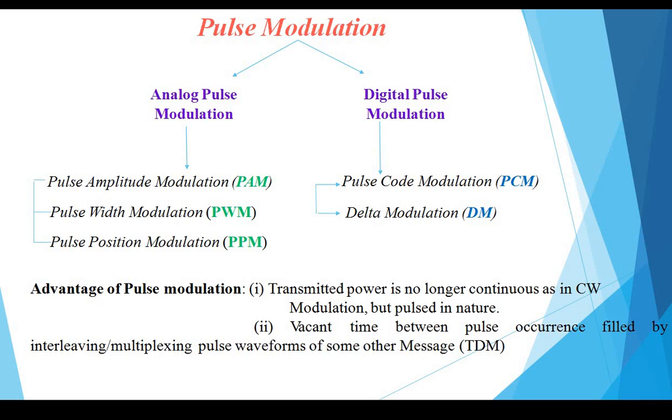In continuous wave modulation you have continuous waveforms, but in pulse modulation a pulse will be there where information is there, after that you won't get any pulse. At that vacant, empty time, it multiplexes one more message signal or one more pulse waveform where the information is stored. So it does not waste any time.